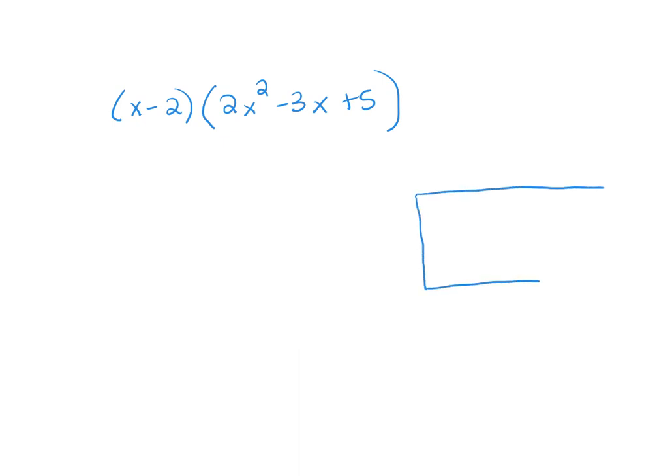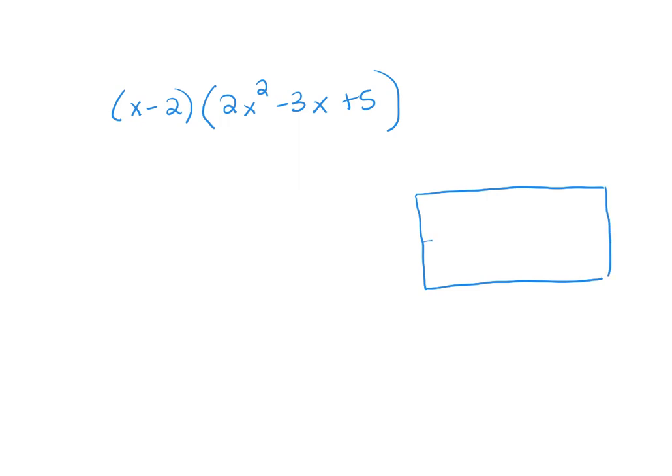All right, let's multiply a binomial times a trinomial: x minus 2 times 2x squared minus 3x plus 5. Two ways to do this. I know some people liked the box method when we were doing FOIL.